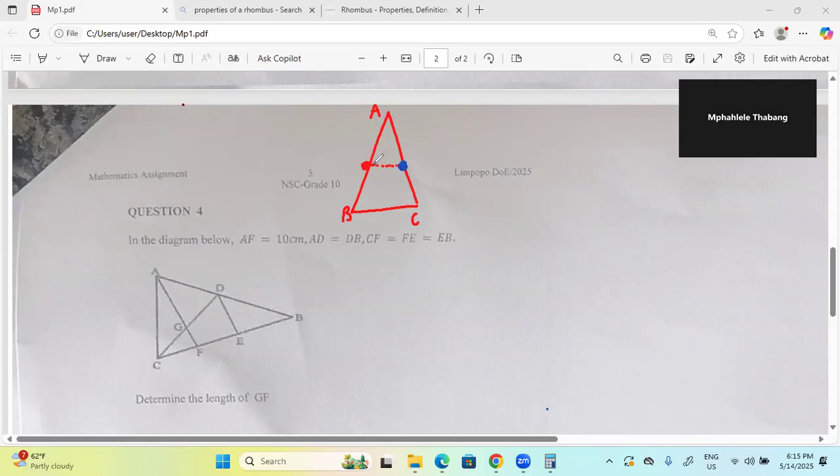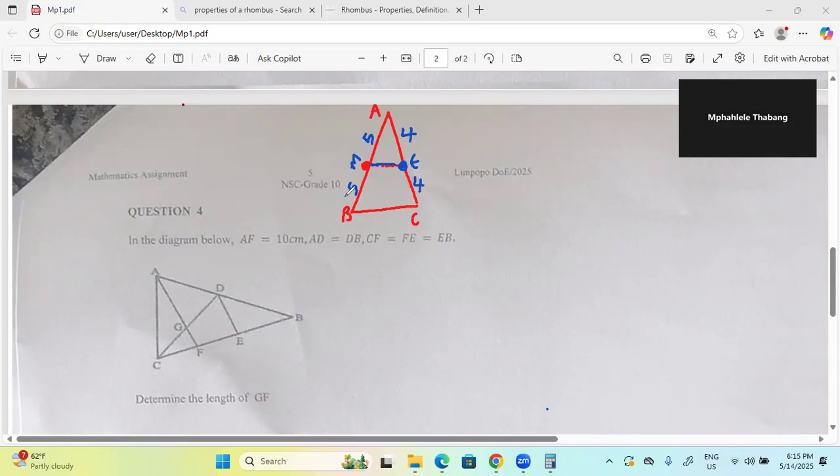Now, if this line divides the side AB equally, let me say this is M, and you find MA is 5 and MB is 5, and it does the same thing on the other side, maybe 4 on this side and 4 on this side.